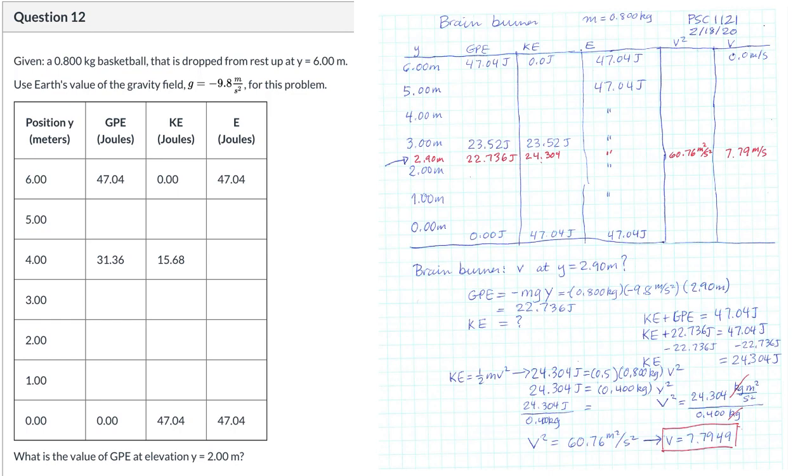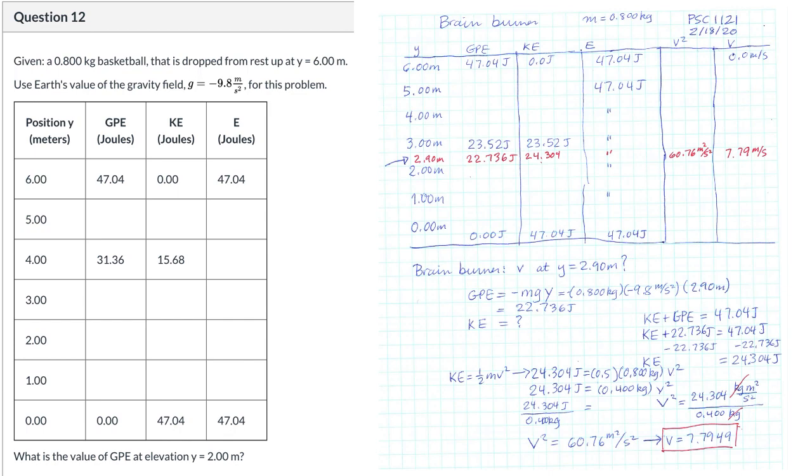So down here, all your energy that was stored in the potential field between the basketball and the earth, it was 47.04 stored here. Now down here, it's 47.04 joules in kinetic energy. No more storage. You've used it all up.